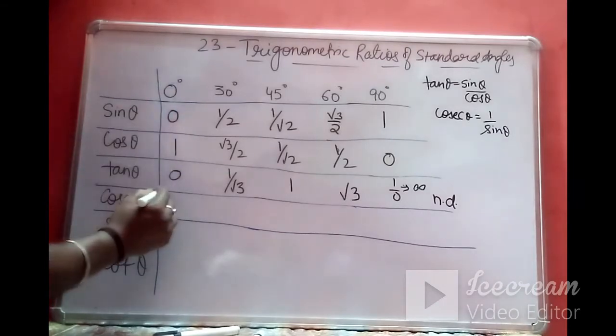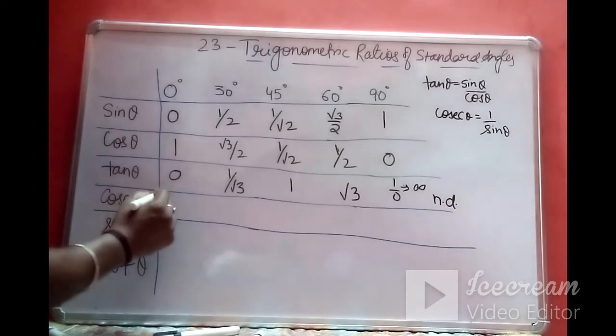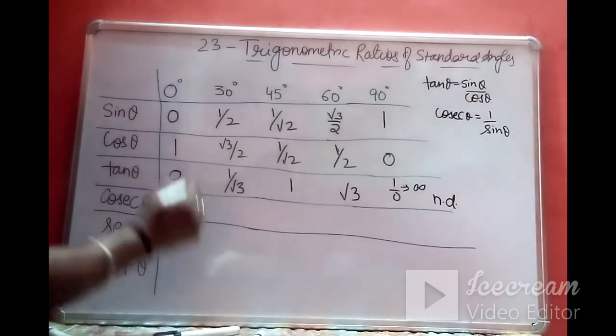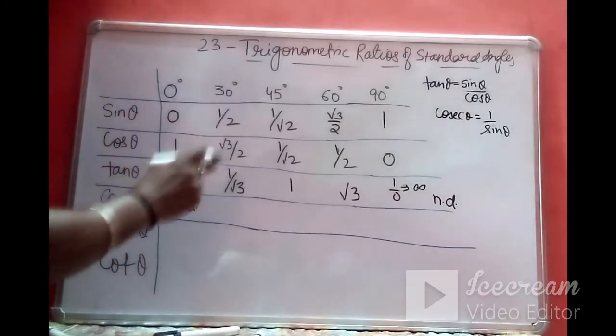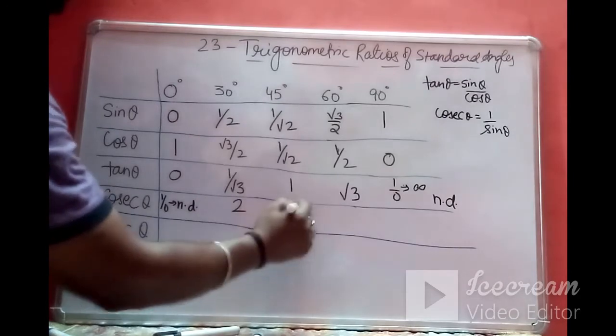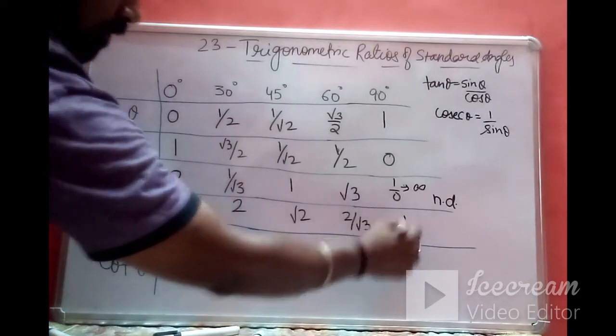So it becomes 1 upon 0 again, which is not defined. Then when you take the reciprocal of the next values, it becomes 2, 2 by root 3, and the reciprocal of 1 is always 1.